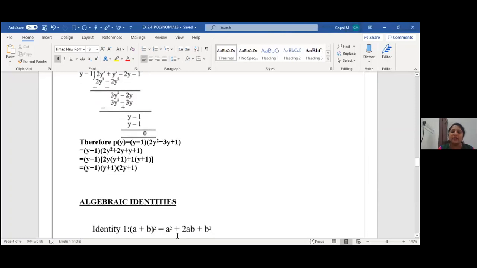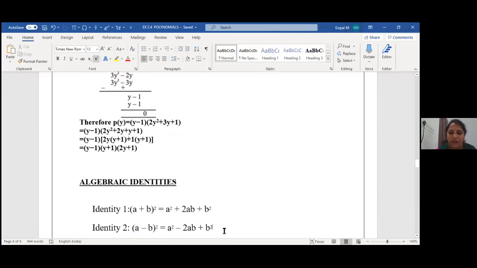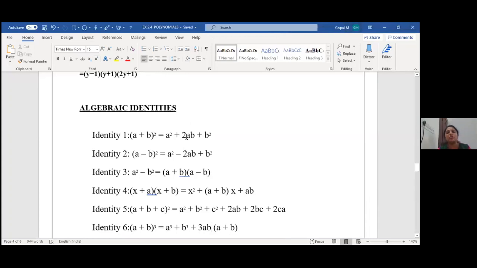We already explained how we are getting a square plus b square plus 2ab. It is (a plus b) whole square, meaning (a plus b) into (a plus b). That is multiplication of binomial by binomial. When you multiply binomial by binomial, you get a square plus 2ab plus b square.